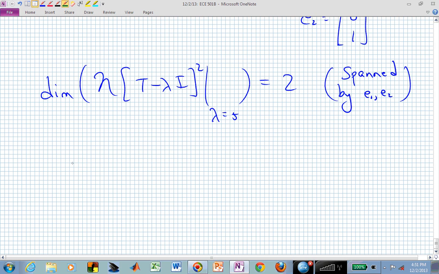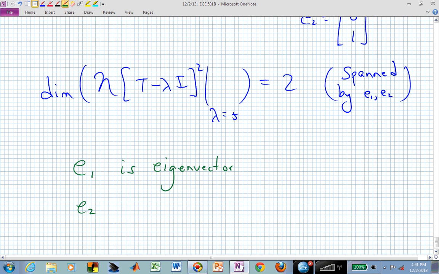To emphasize our terminology, E1 is the old school. That's what we started with. That's an eigenvector. It's also a generalized eigenvector if we wanted to, but E sub 2, that's not an eigenvector. It's only a generalized eigenvector.